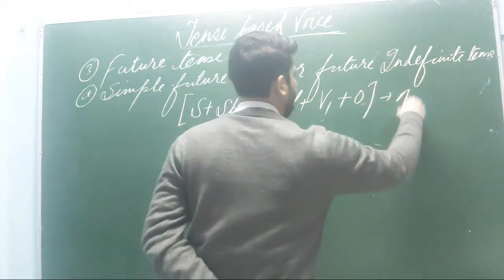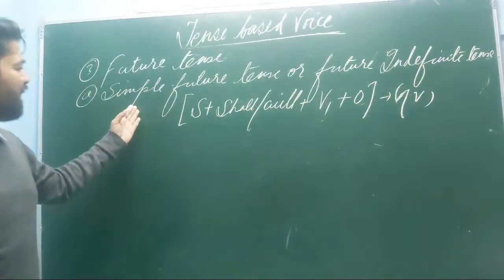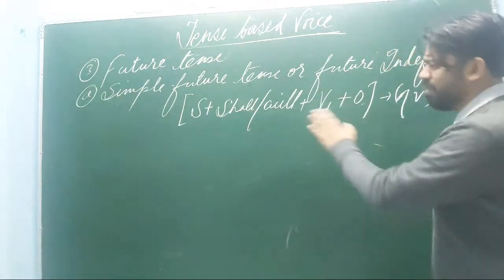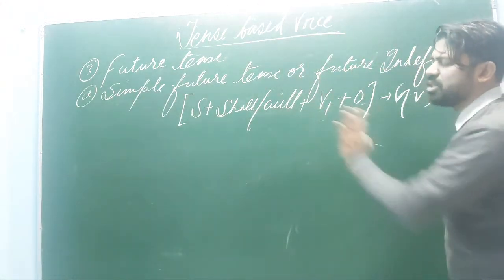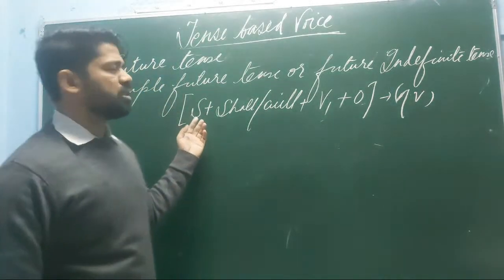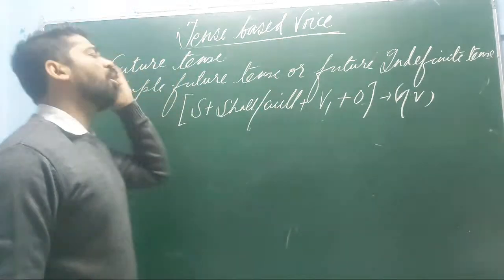This one is the active voice structure. All the sentences of the simple future tense will be based fully on this structure: subject, shall or will, then V1, then object.